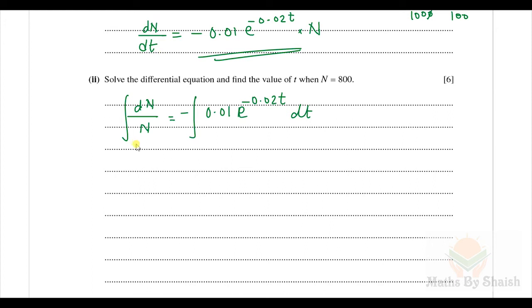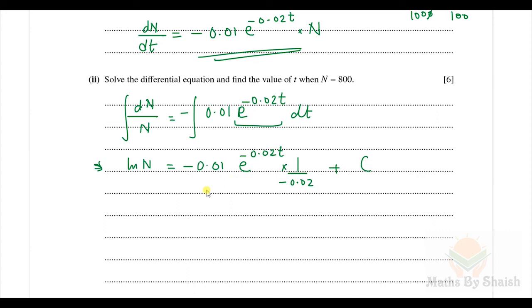Now if we integrate it, we will get ln n on the left, and on the right, minus 0.01 is a constant, so it would be outside, and the integration of e raised to the power minus 0.02 t will be e raised to the power minus 0.02 t, divided by the differentiation of this, which is going to be minus 0.02 only because t will be omitted, plus a constant of integration.